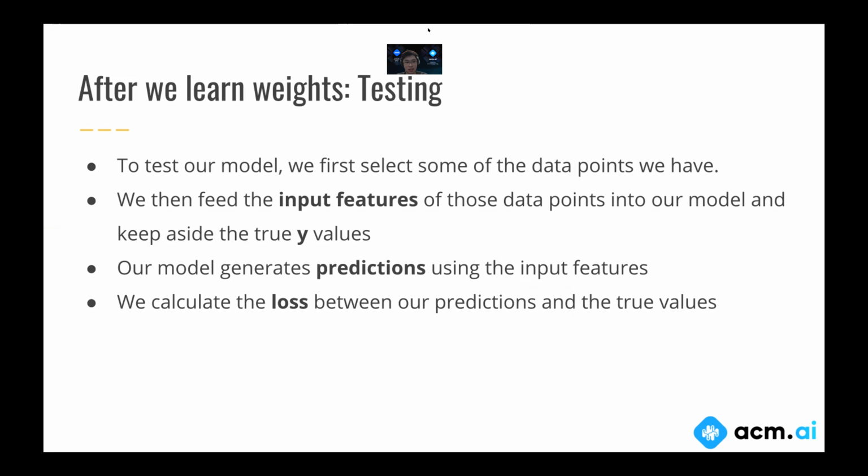We then feed the input features of those data points into our model. And we keep aside the true Y values because we're testing our model, not training it. Then our model generates predictions using the features, and we compare the predictions to the true Y values to compute the loss using our mean square error.